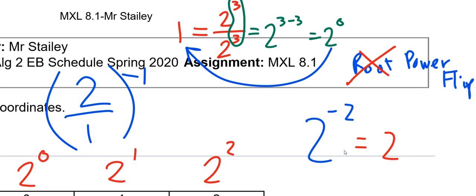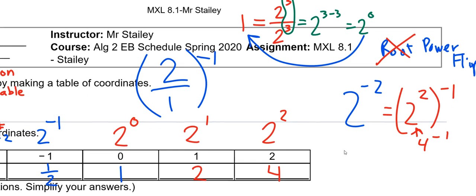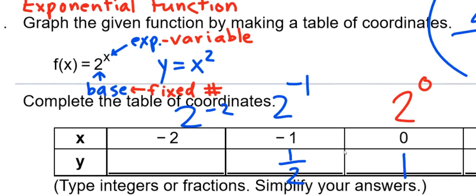What I do see is a power and a flip. But I definitely don't see any kind of cube root, square root, fourth root, or anything like that. So what do you get? Inside here you get 4, right? But 4 to the negative first is what? If you said it and I didn't hear it, that's 1/4. If that's what you said, I apologize.